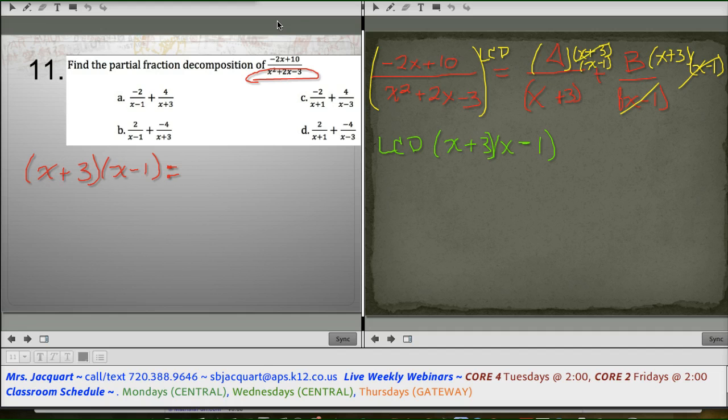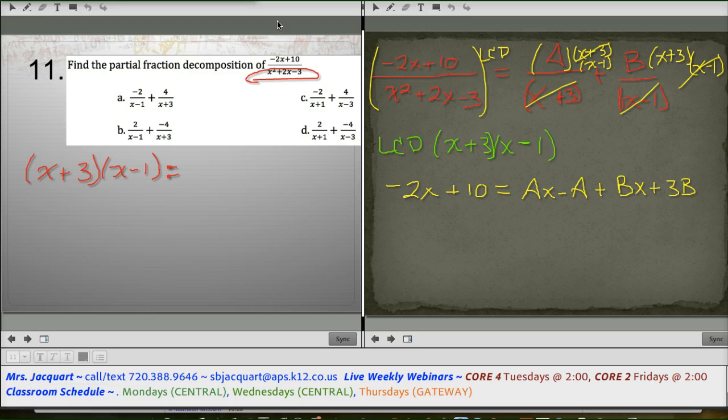The plus 3s with the A cancel. So then you're left with negative 2x plus 10 equals Ax minus A plus Bx plus 3B.